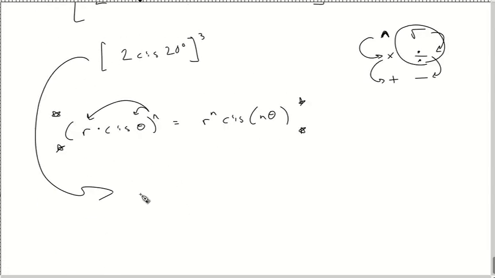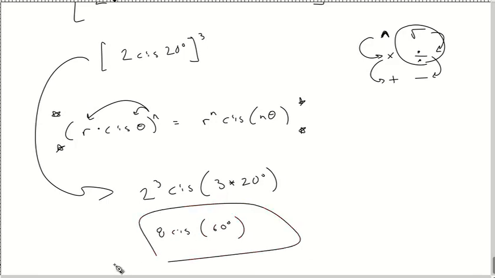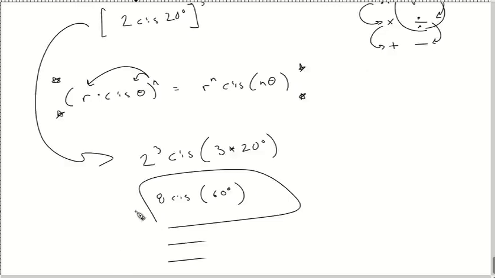Anyways, this problem could not be any easier now that we got this all figured out. It's 2 cubed CIS of 3 times 20 degrees. So 8 CIS of 60. That's your answer. I mean, what else do they want with you? Well, they always want a little bit more.